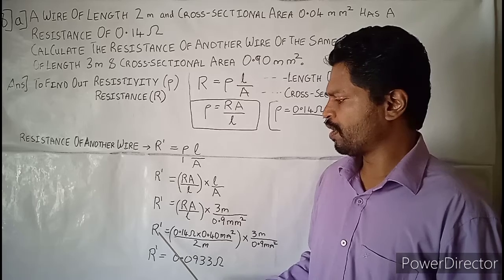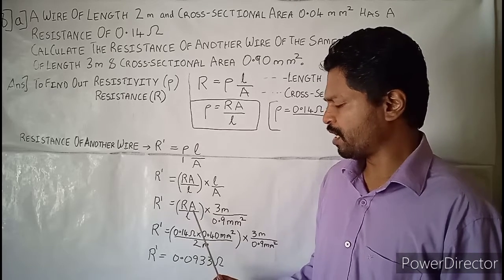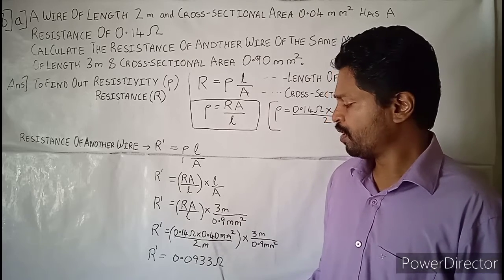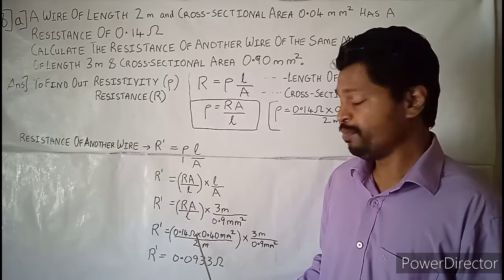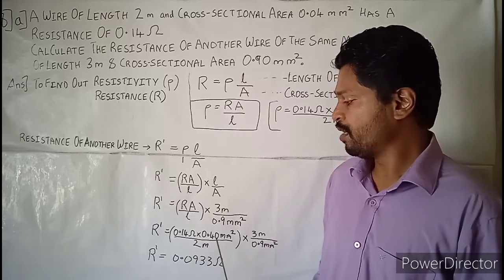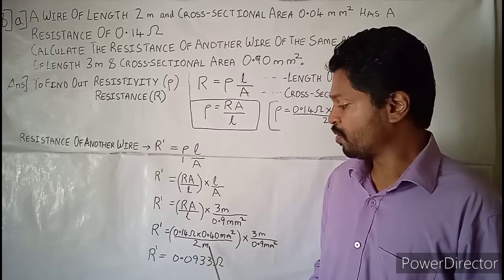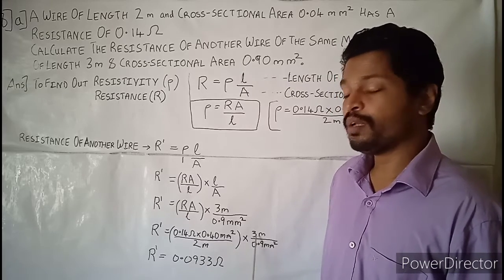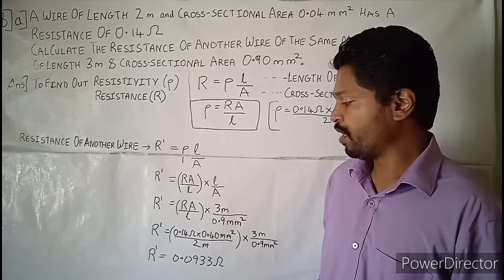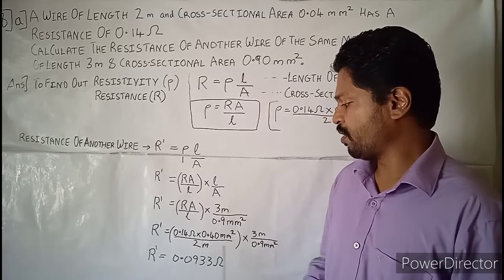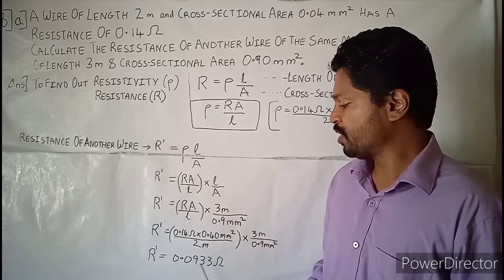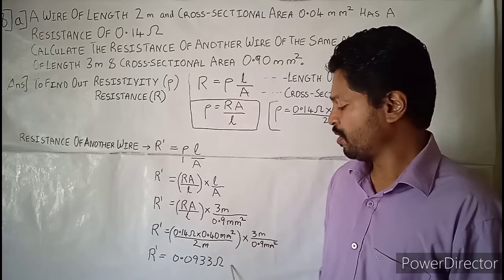Once you put this in the equation, R dash is equal to 0.14 ohm into 0.40 millimeter square divided by 2 meter into 3 meter divided by 0.9 millimeter square. Once you calculate each and everything over here, what will you be getting in your calculator? 0.09333.